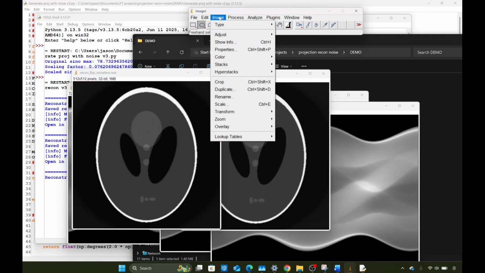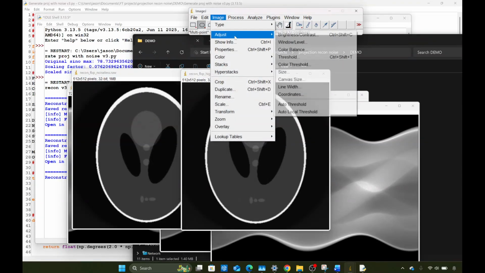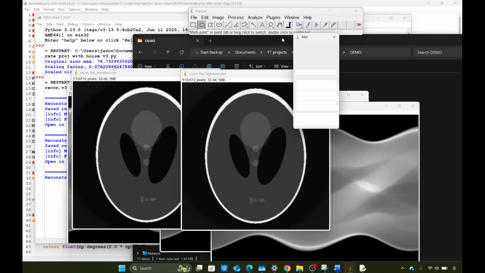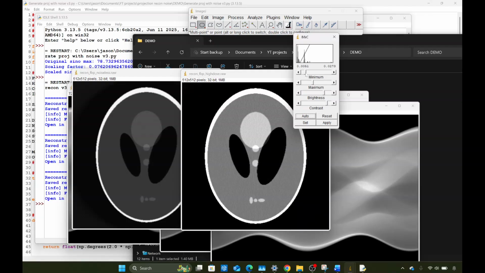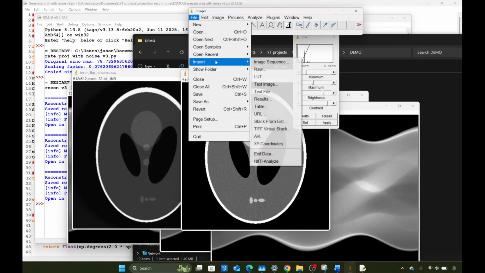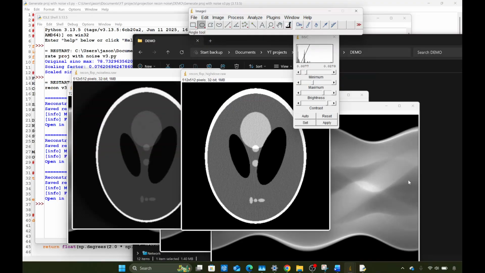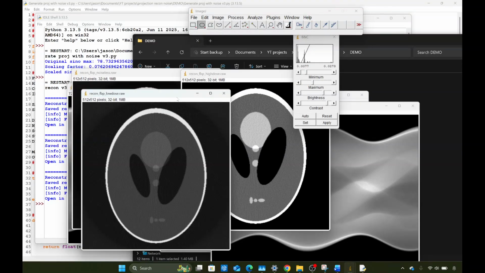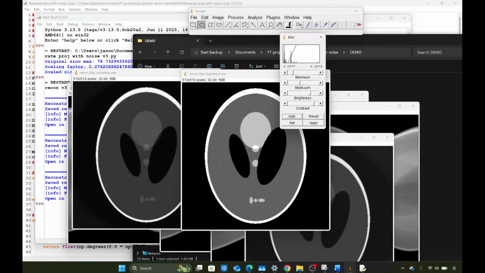And I'm going to adjust the window and level so we can appreciate the noise better. Let's also open the low dose reconstruction. And let's apply the same window and level to them.